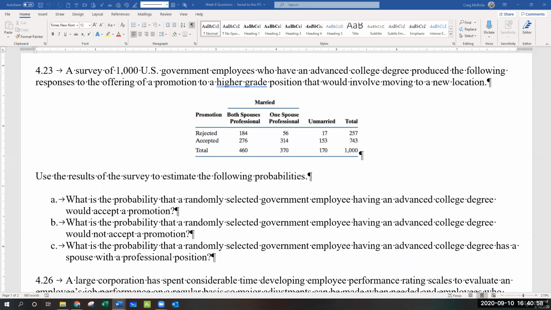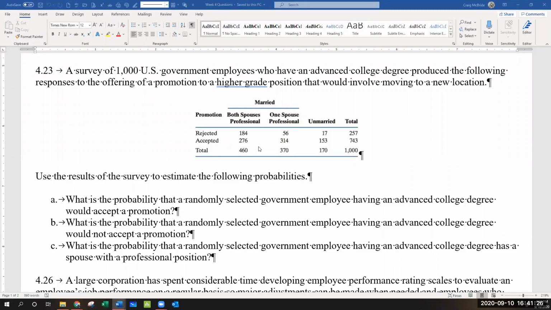I added those, like the 184 plus 276 plus 460 is 920. So the probability that a randomly selected government employee having an advanced college degree would accept a promotion. So 276.